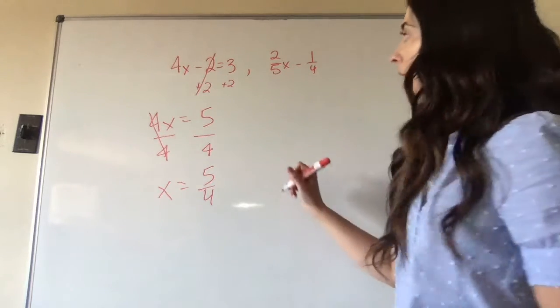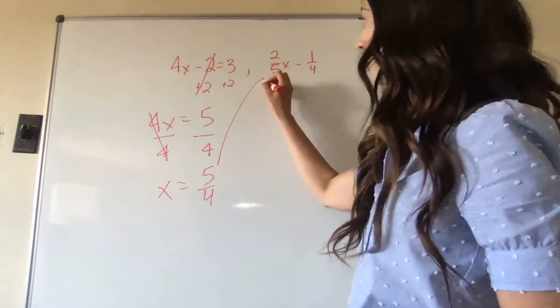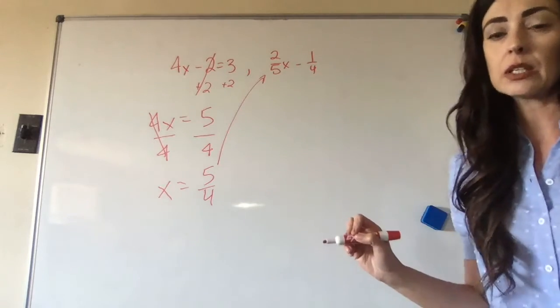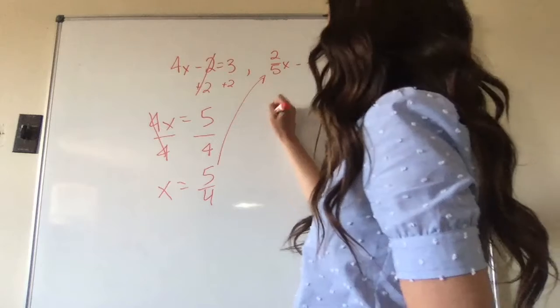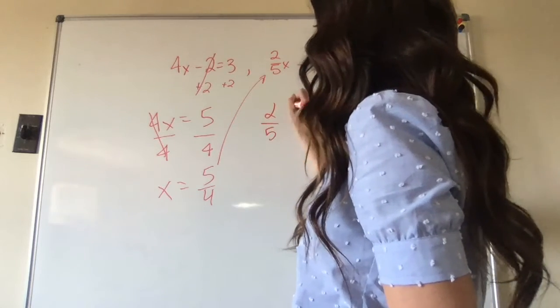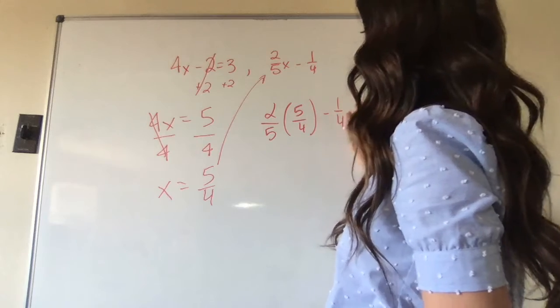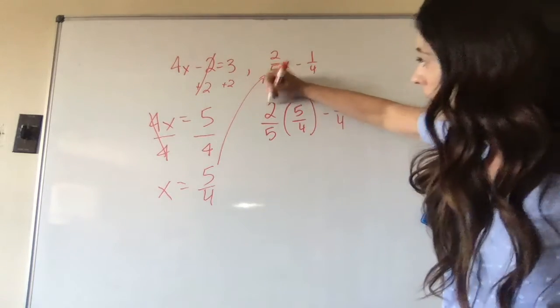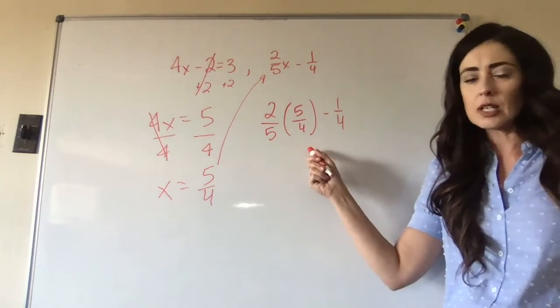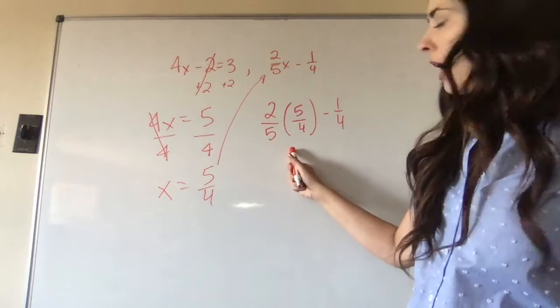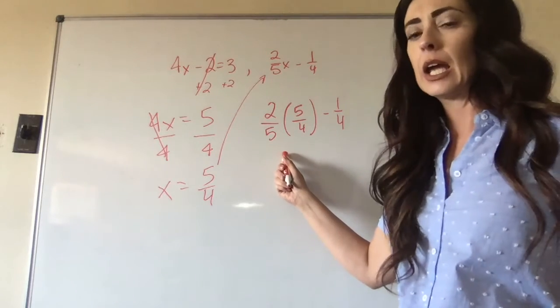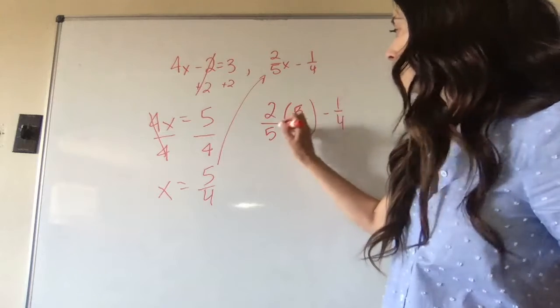Another fraction. So now we're going to take that value and plug it into the second equation so that we can solve this equation. So we get 2/5 times 5/4 minus 1/4, okay? So let's do the multiplication first because it's PEMDAS, right? Automatically I see that I can reduce this fraction by a value of 5.